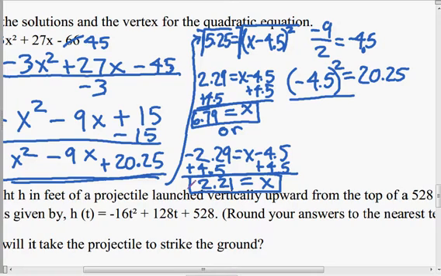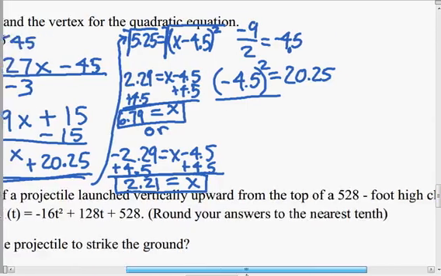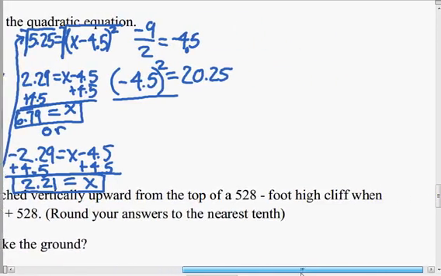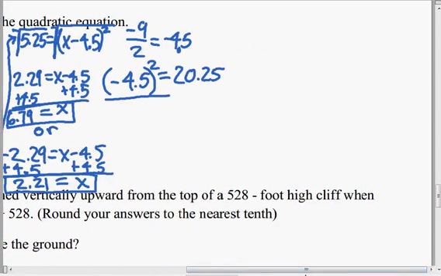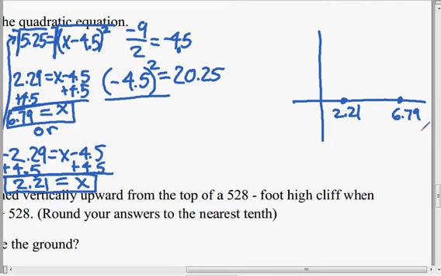And to find the vertex now, I've got my two possible values. So I'm going to quickly draw a little sketch. My graph is going to look like 2.21 and 6.79.